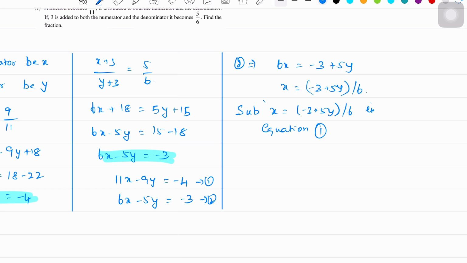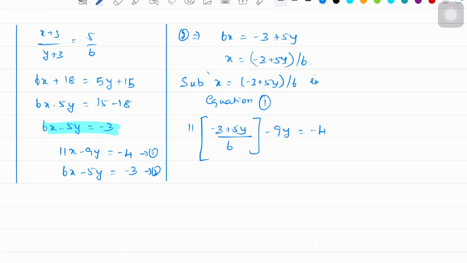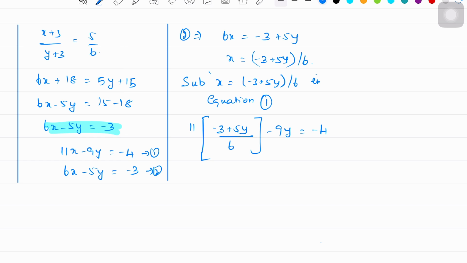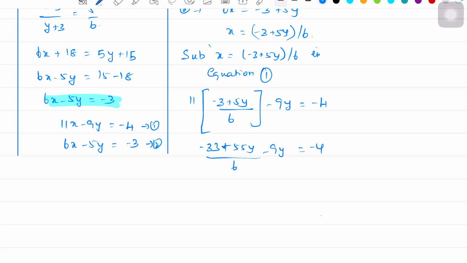So this will be 11 times (negative 3 plus 5y) over 6 minus 9y equals negative 4, and we can take LCM, and before that we'll take this 11 inside, and that will be minus 33 plus 55y over 6 minus 9y equals negative 4, and we'll continue here.